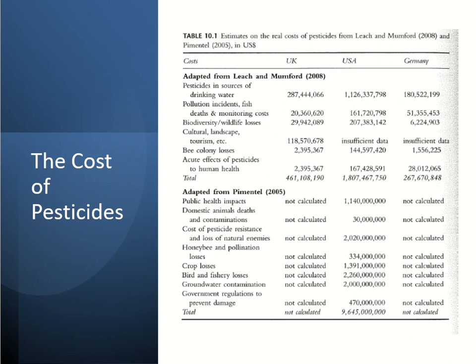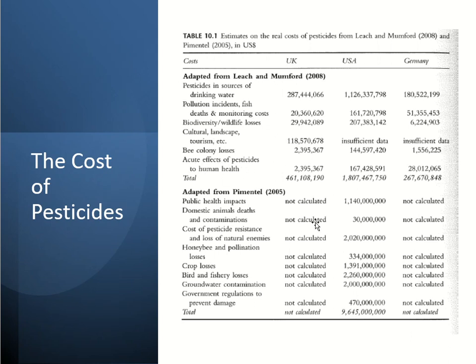It's a bigger country than the other, Germany or the UK. Also pollution incidents, fish deaths, because there's a whole industry around fisheries, and so killing fish with polluted water is an opportunity cost for the fisheries.